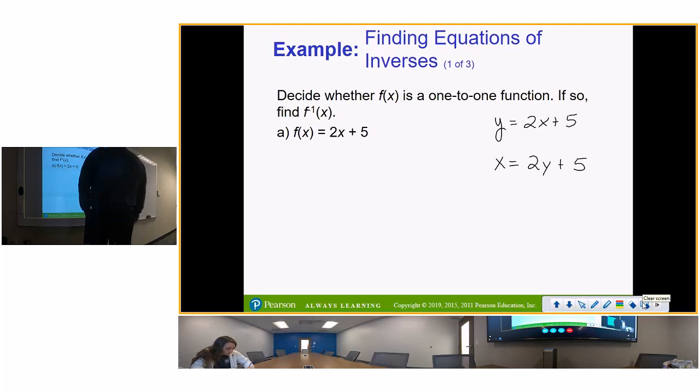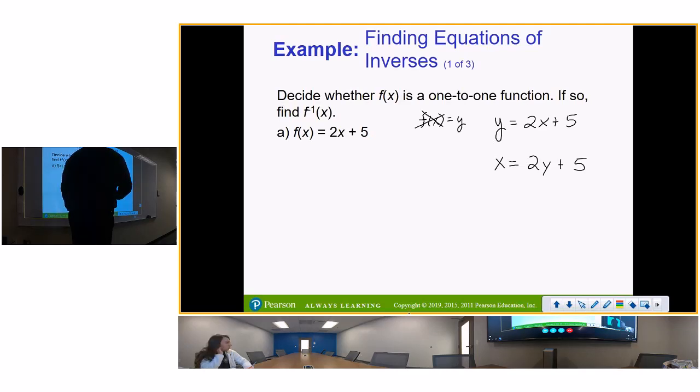Okay? So the first thing you do is you change f of x into what? Into y. And then you switch what? X and y. And then the third thing, solve for what?